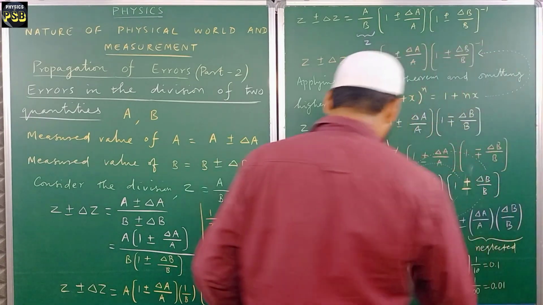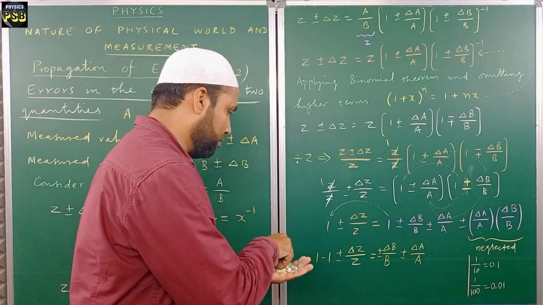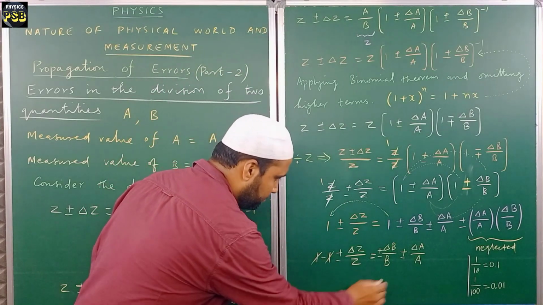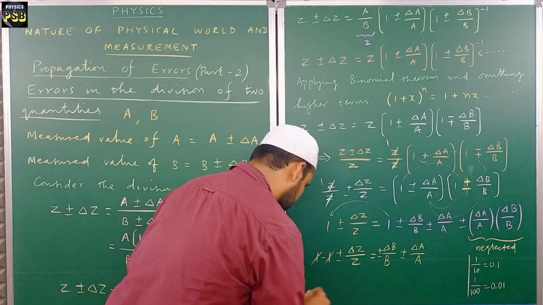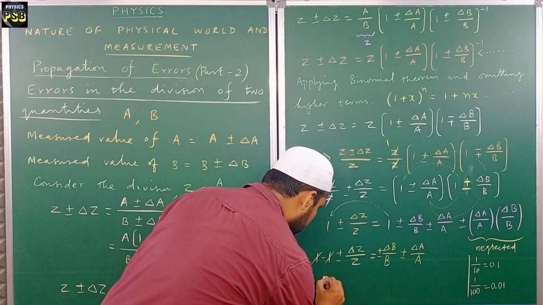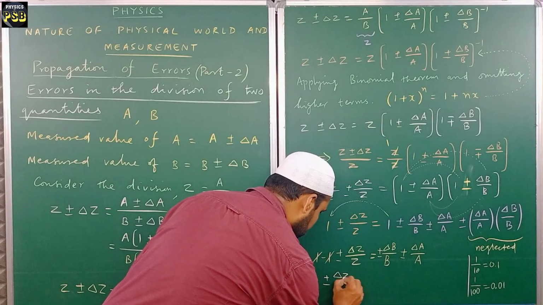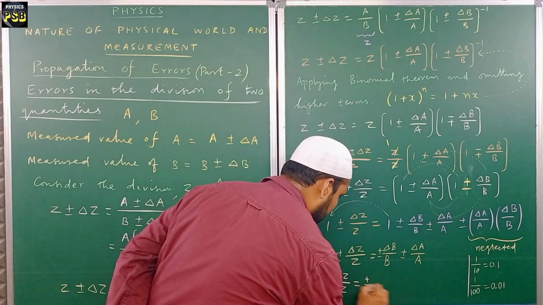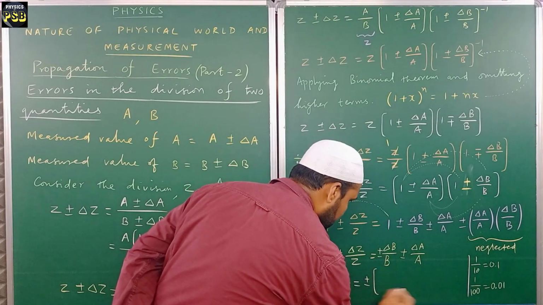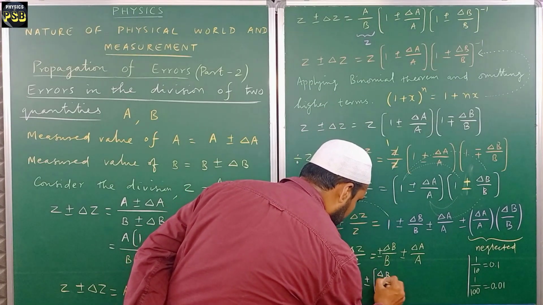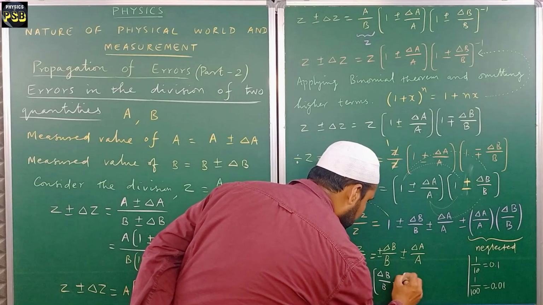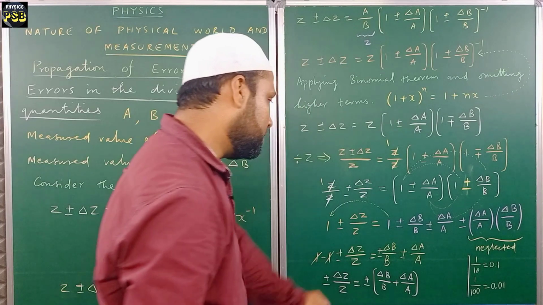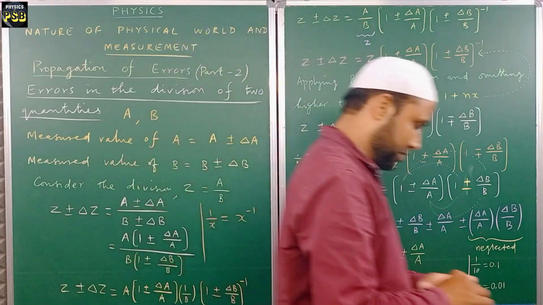Fine. Now we have come to the final part of this. Minus 1 plus 1 get cancelled, and what remains here is plus or minus delta Z upon Z equals plus or minus, taken out as common, delta B upon B plus delta A upon A. This is what I obtain. Now this can be rearranged in this manner.